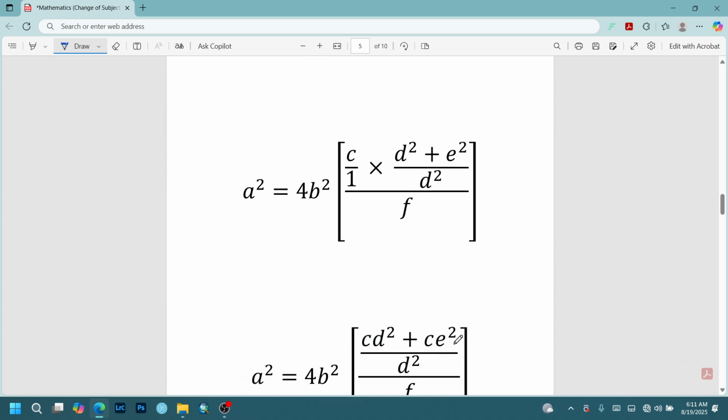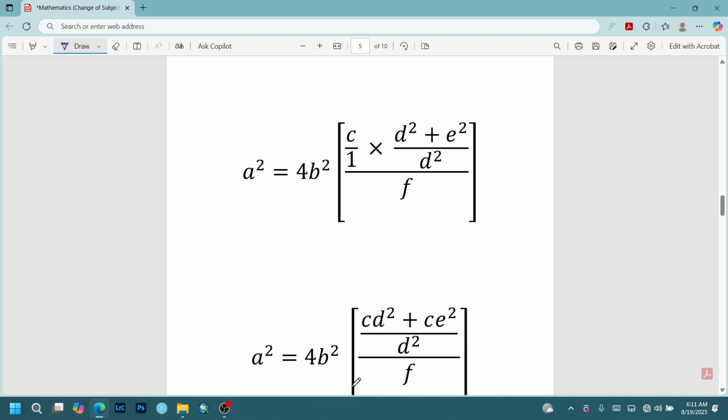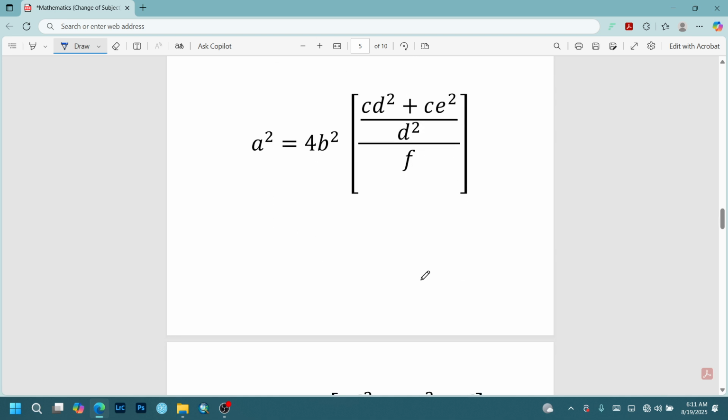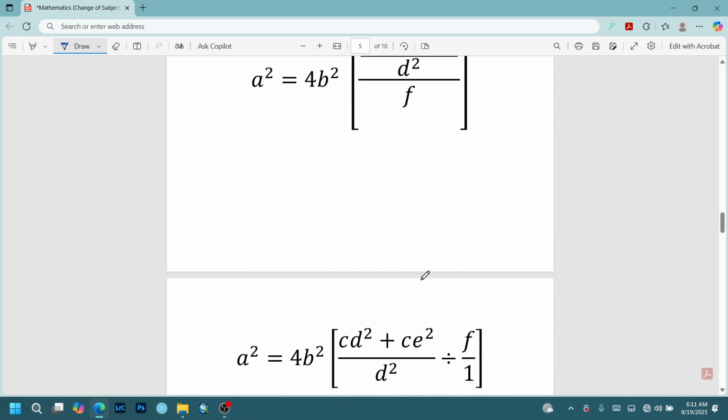So we have a² = 4b² = (cd² + ce²)/d² over f, because c multiplying d² gives you cd², c multiplying e² gives you ce², and 1 multiplying d² gives you just d².